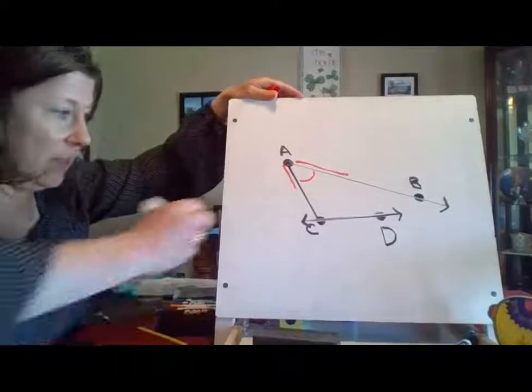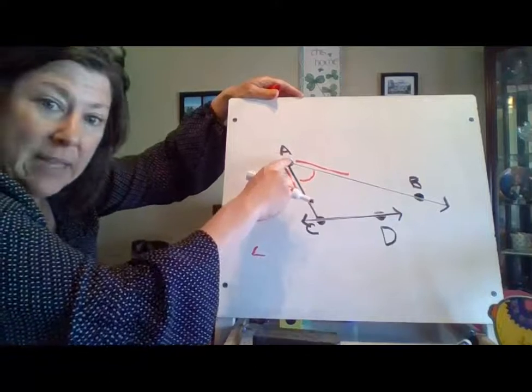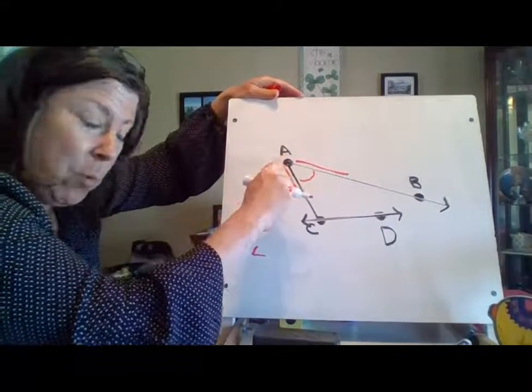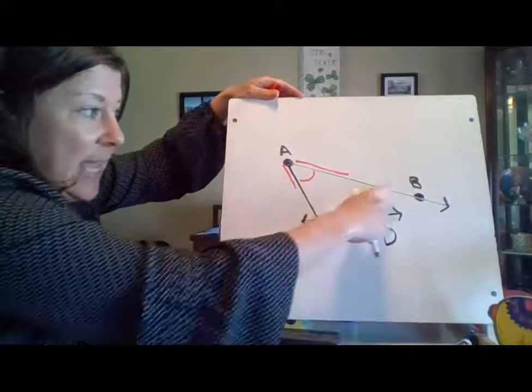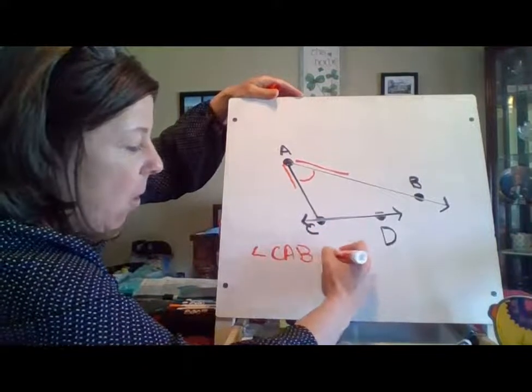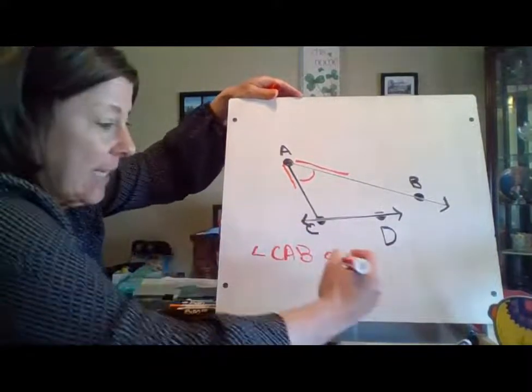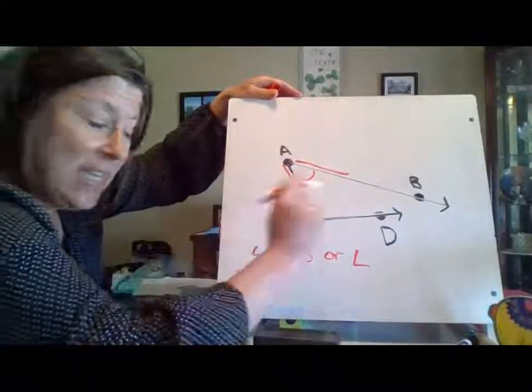Now, this angle, that's my vertex. Okay, that's my central point. So that goes in the center. So it's CAB, or I can call it angle BAC.